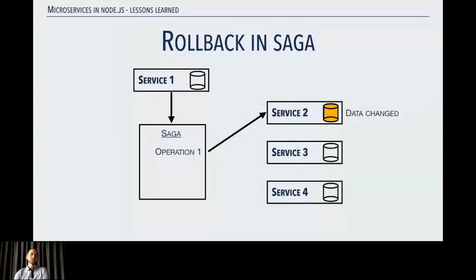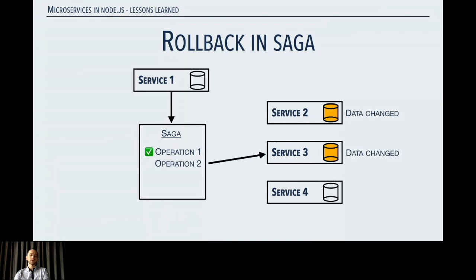Our SAGA knows how to handle that, so it just sends requests to other services. We are now executing the first operation, which results in data changed in service 2, and it was successful.